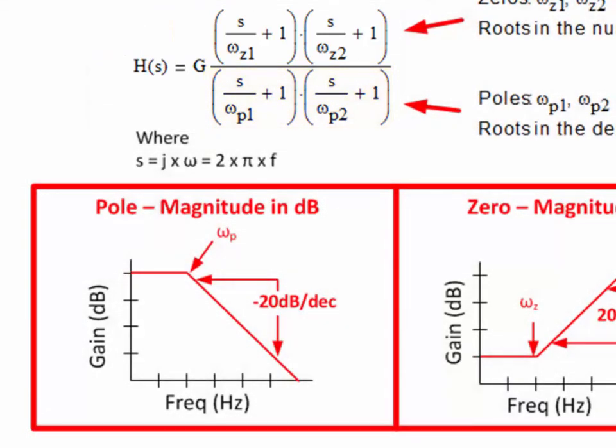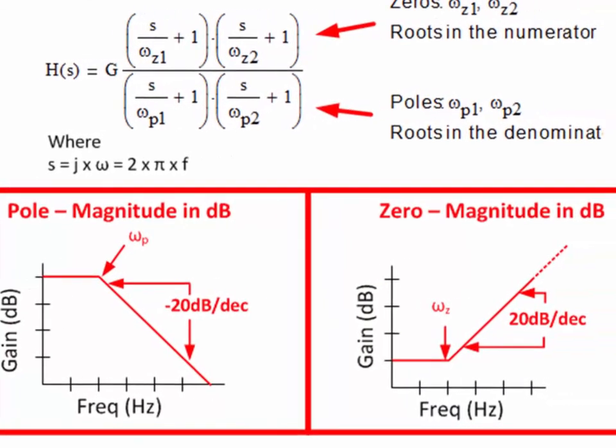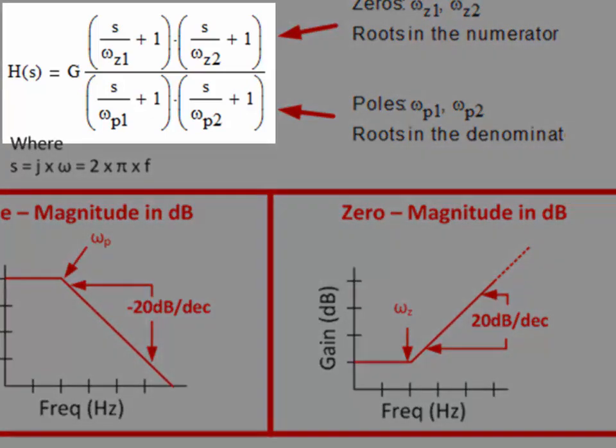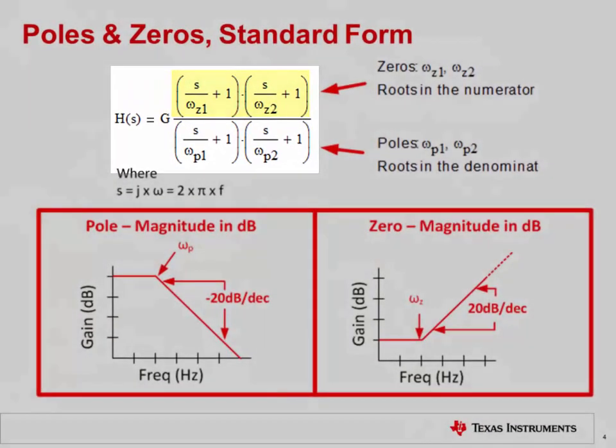In the next slide, we will see more detail on this. A plot of gain versus frequency for a zero is shown in the lower right. A zero causes the gain to increase at a rate of +20 dB per decade in frequency. This also makes sense because for higher frequencies, the numerator will become large, causing the magnitude to increase.